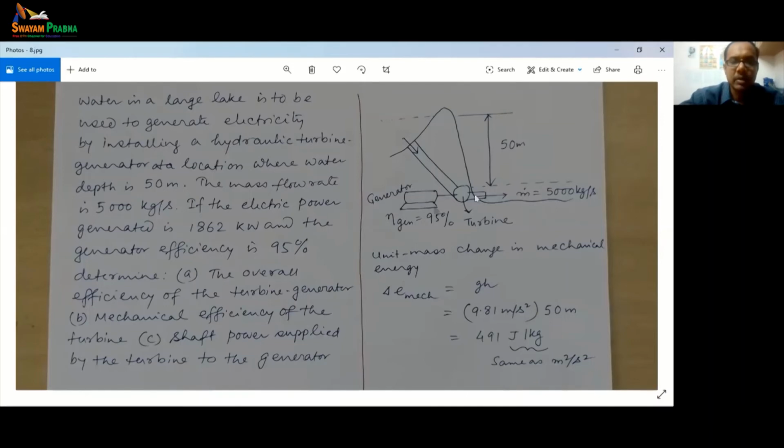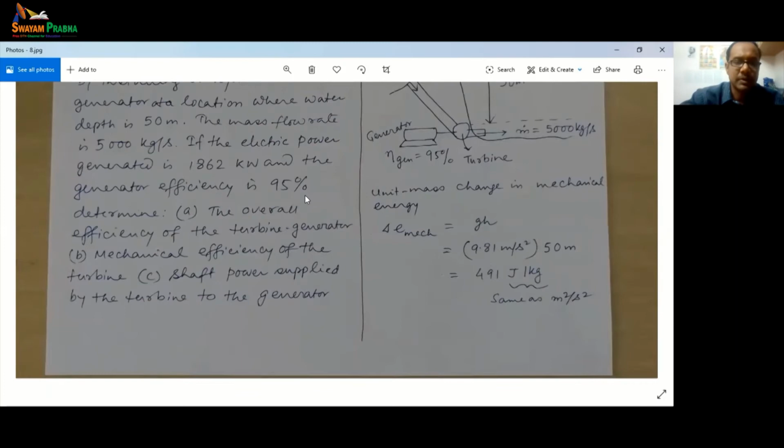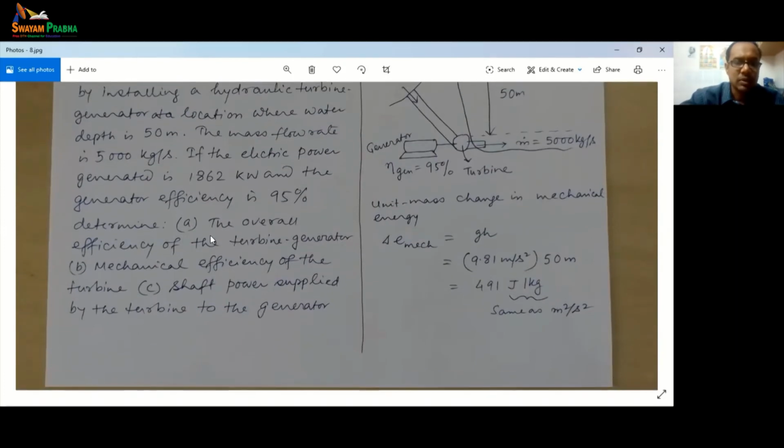If the electric power generated is 1862 kilowatt, okay, so the turbine is fitted to some generator and you are getting the hydroelectricity out of it, and that is 1862 kilowatt, and the generator efficiency is given to be 95%. You are asked to determine the overall efficiency of the turbine generator.